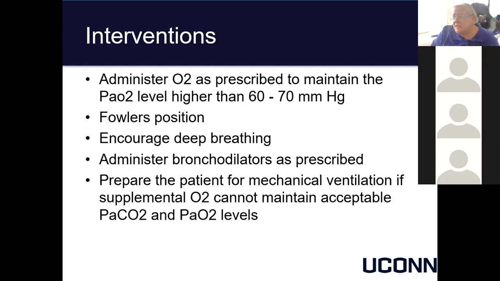It is much easier to breathe when you are sitting up, so we're going to keep them in Fowler's position. We are going to encourage them to breathe. They need to be intentional breathers. If possible, leaning forward, getting their back off the chair or off the back of the bed makes it easier to fully expand the chest wall.